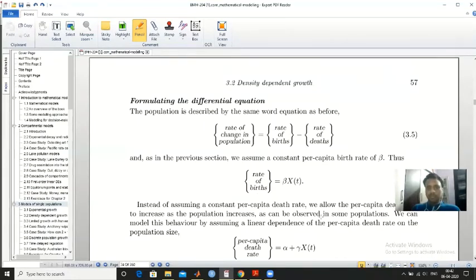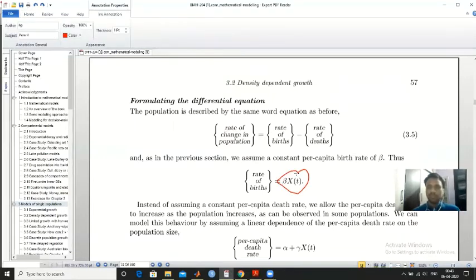In our mathematical model, this was our equation. In the previous case we discussed the birth rate. The total effective birth rate was beta x, right? And what was the death rate?